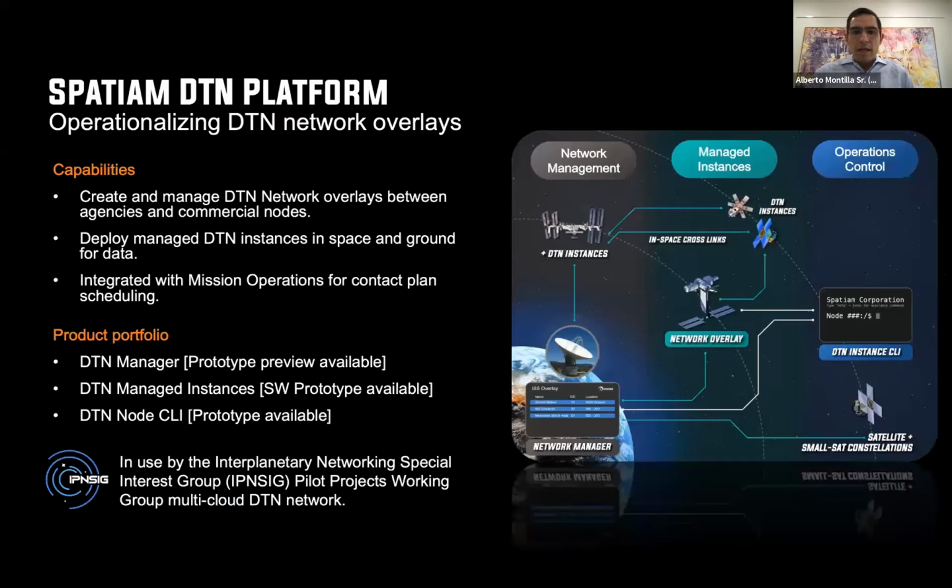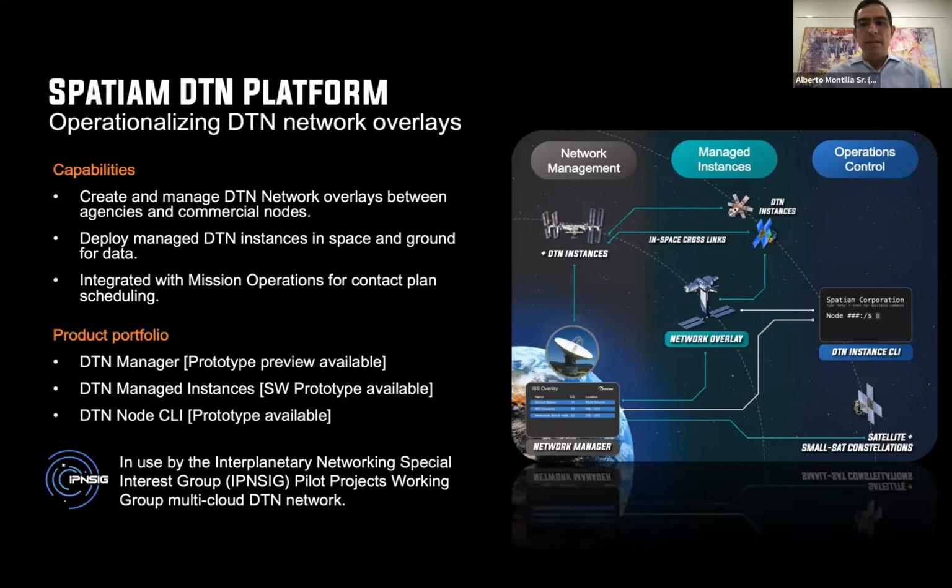Before we go there, a quick recap of what Spatiam's DTN platform is. Our main goal is to deliver operational DTN networks where multi-administration as well as multi-implementation is present. These are two critical elements of an open interplanetary internet.